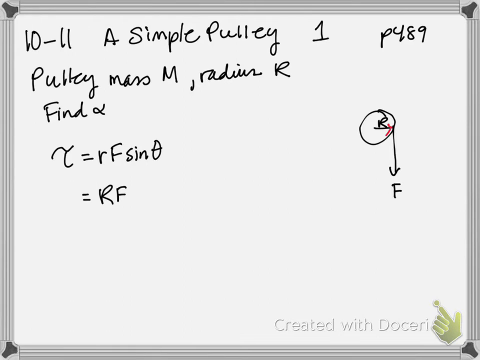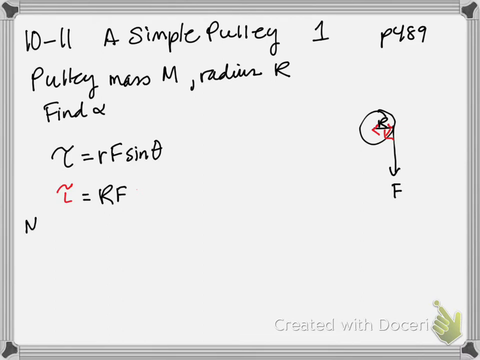It doesn't really matter which way the arrow goes because the angle either way is 90 degrees. The sine of 90 degrees is 1, so tau is just equal to RF. Okay, so that's our definition of torque.